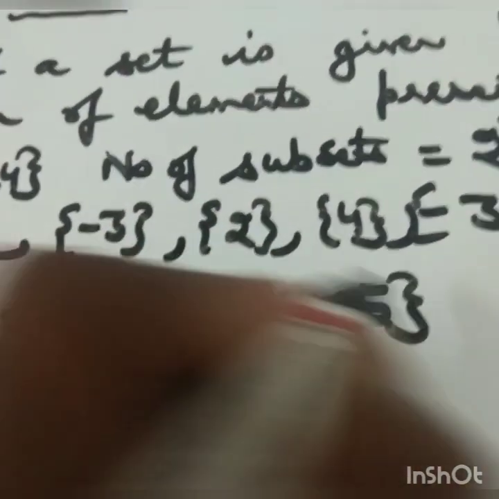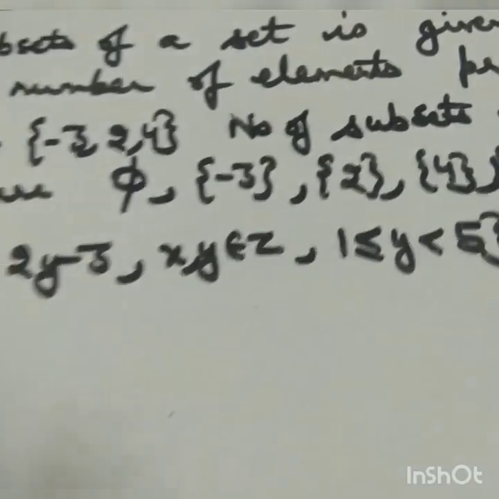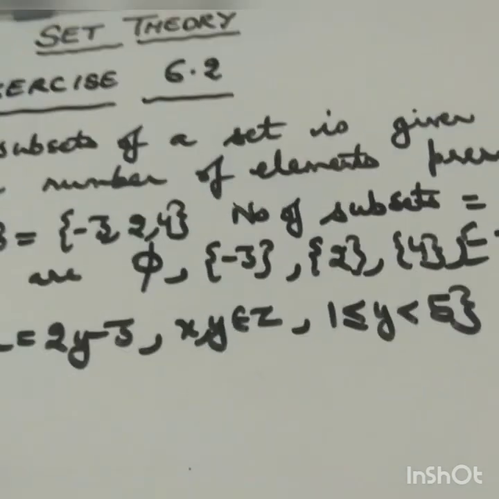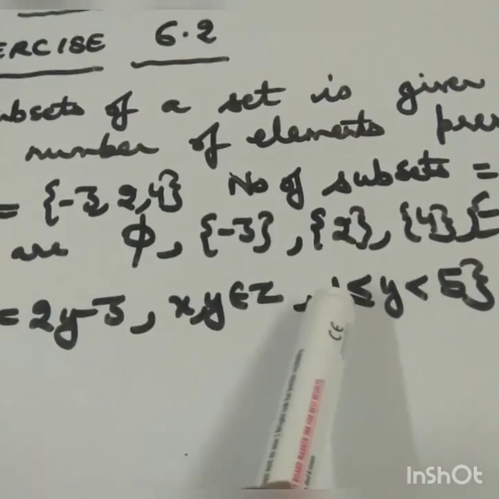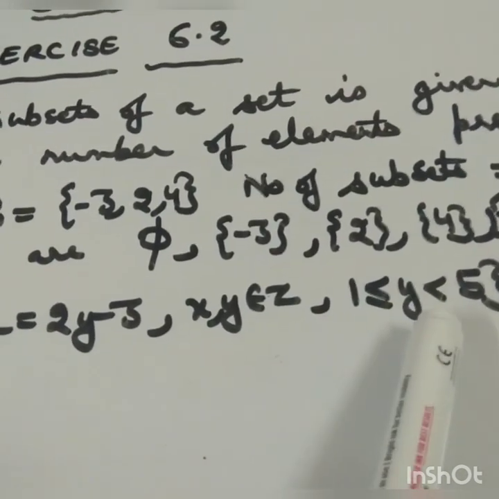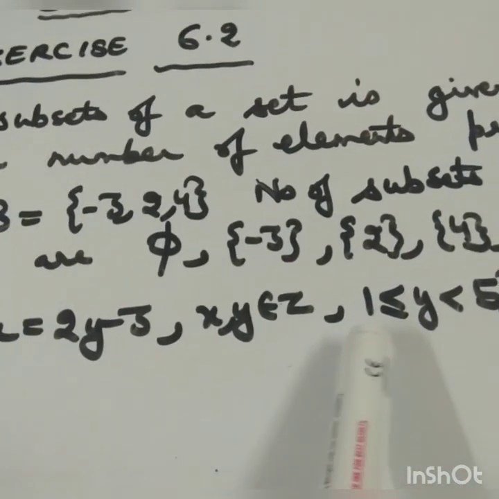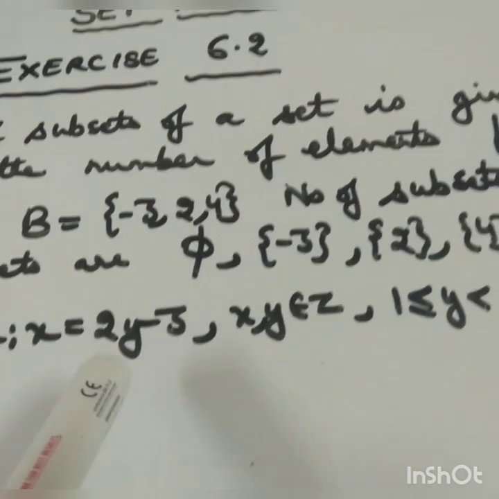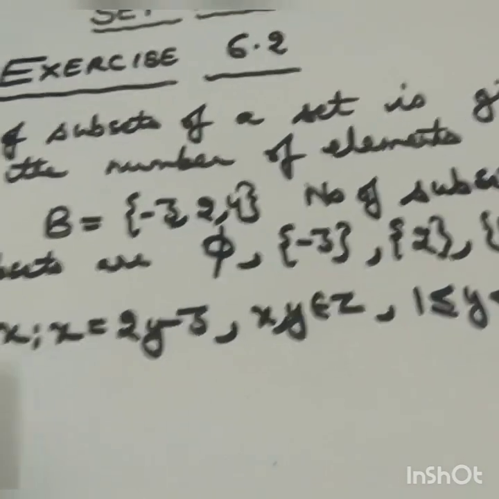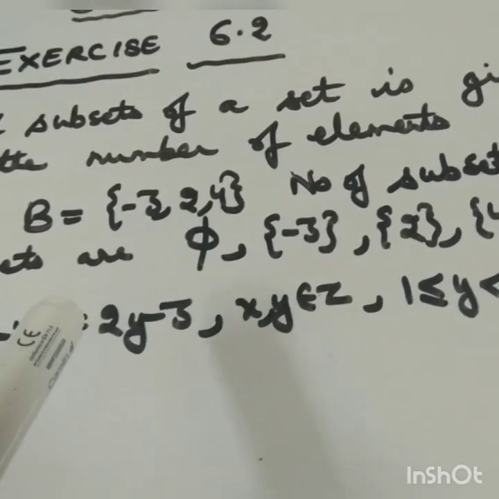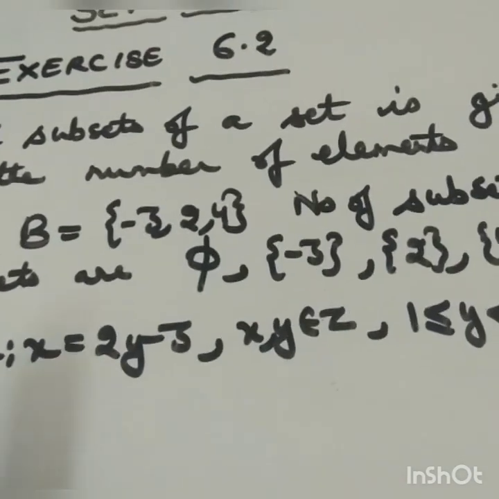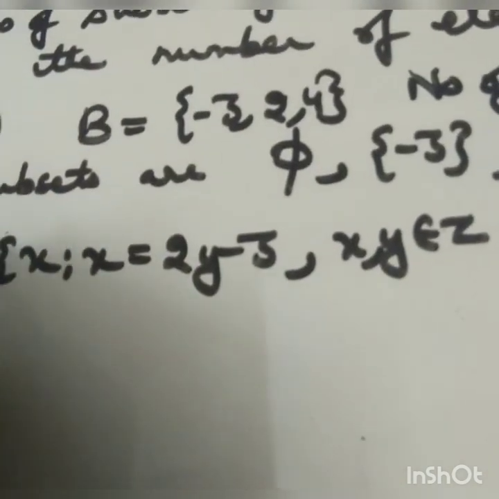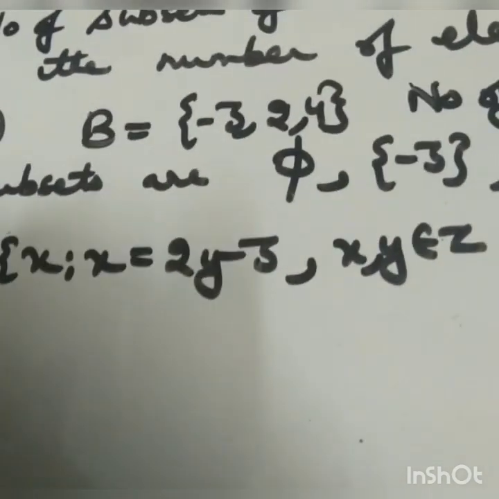This range is very important. Looking at this, I can say that the cardinal number will be 4, because the value of y can be 1, 2, 3, 4. So y can take 4 values, and correspondingly x will also get 4 values. So in all you will get only 4 elements in this set, and therefore the cardinal number of this set will be 4. This is actually set B. So you can write B here.